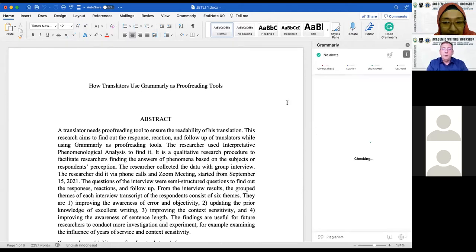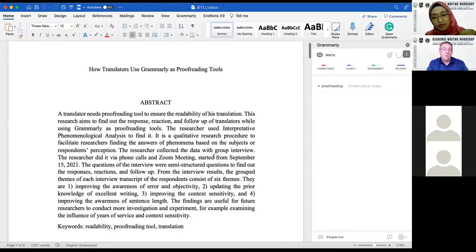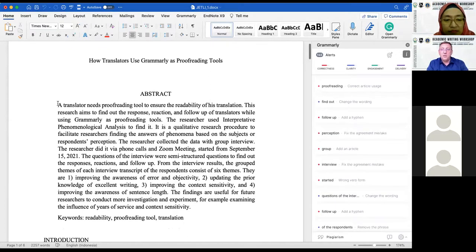And while Grammarly is working, I will take a quick gander at the word count. The word count in this article is 2,257 words.